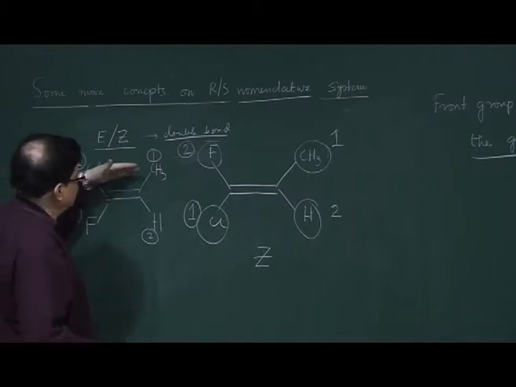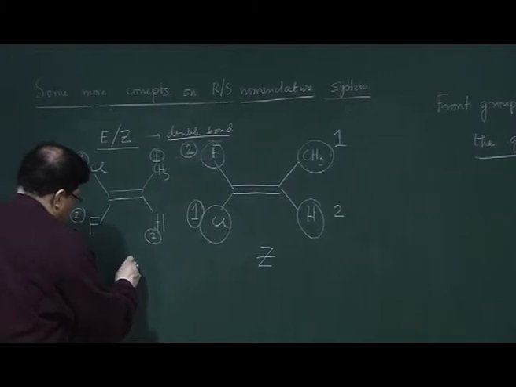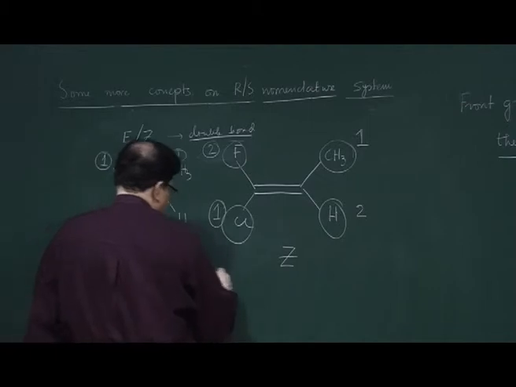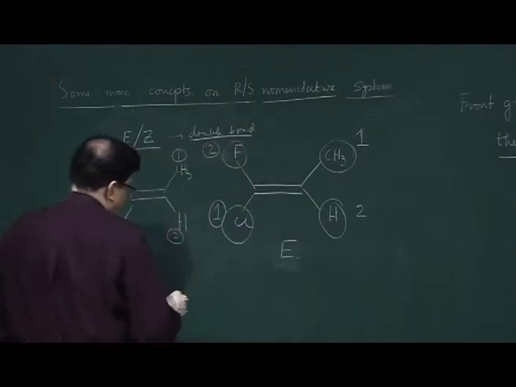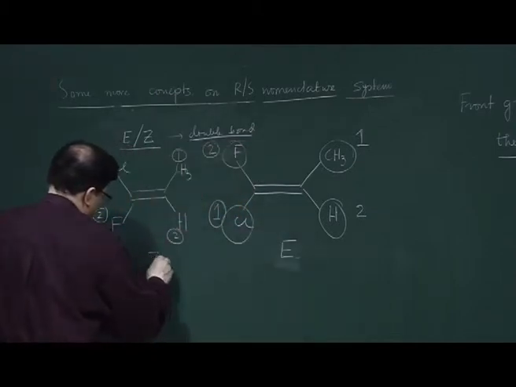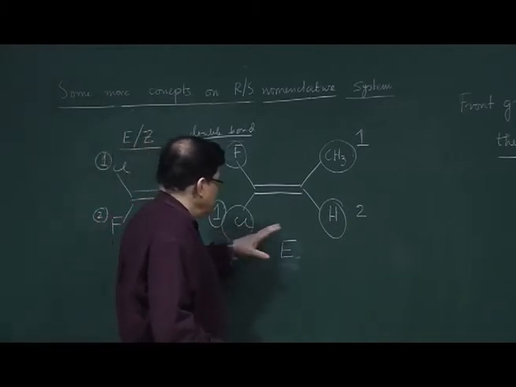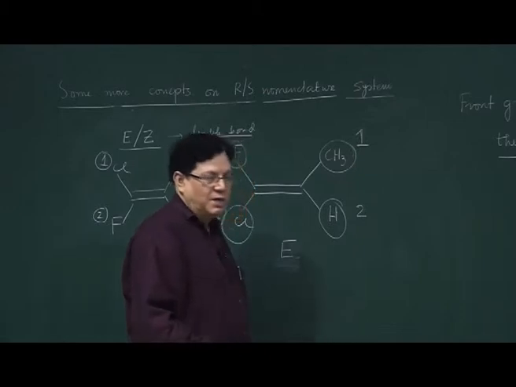In the classical sense they are cis to each other, and this is what is called the, sorry, I am extremely sorry. This is the E configuration and this is the Z configuration, it is the other way around. So, Z is the system where the two groups are on the same side, and E is the system where the groups of same priority are trans to each other.